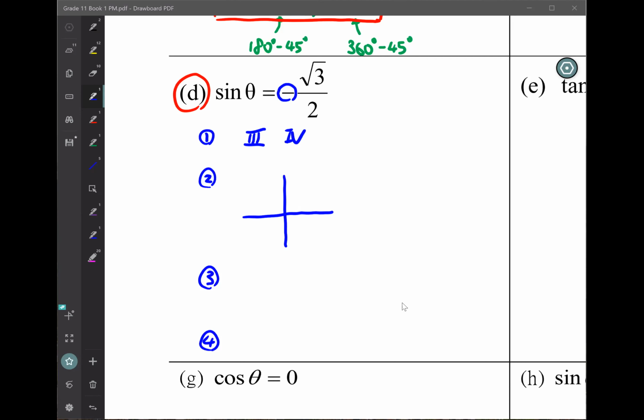Okay, please raise your hand if you finished the whole question. So make sure you draw the pictures correct, okay? Quadrant 3, quadrant 4, and your triangle has to be attached to the x-axis, okay?